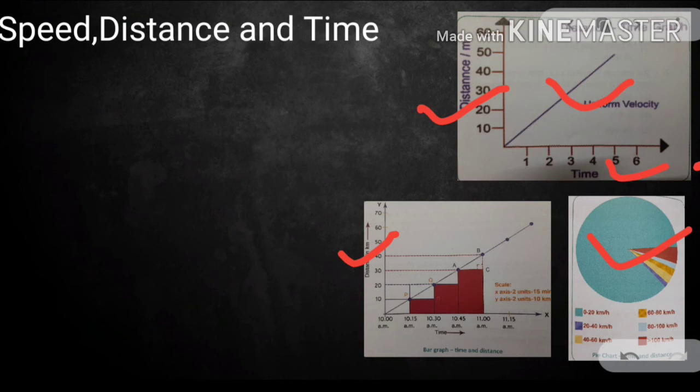So this is all about the graph and what we mean by uniform and non-uniform motion. And number 3, we can represent the data of the movement of the body in a specific time by using bar graph, pie chart, and line graph.